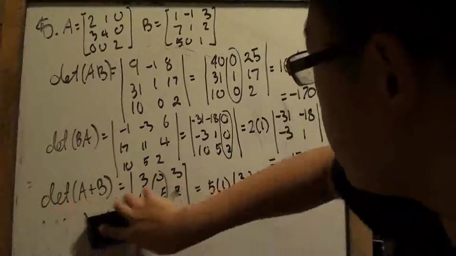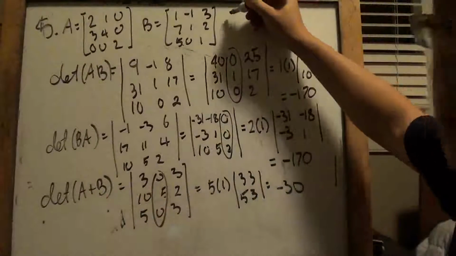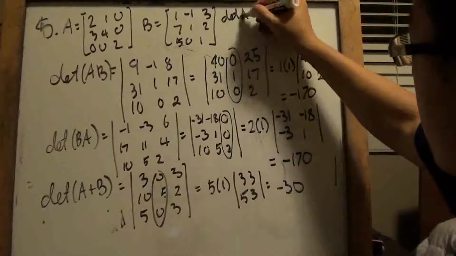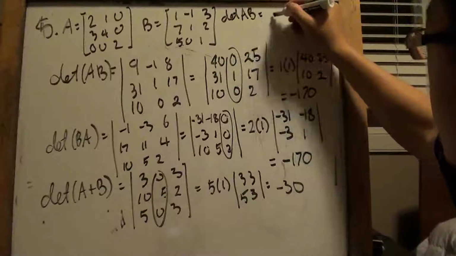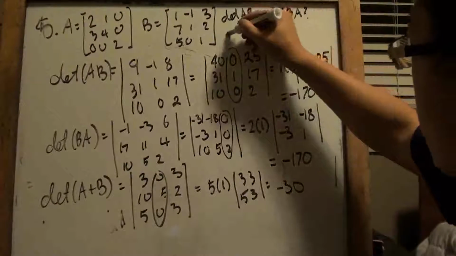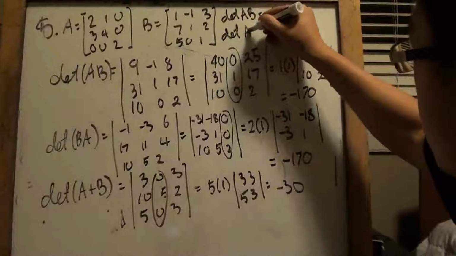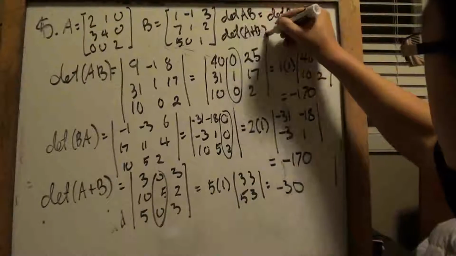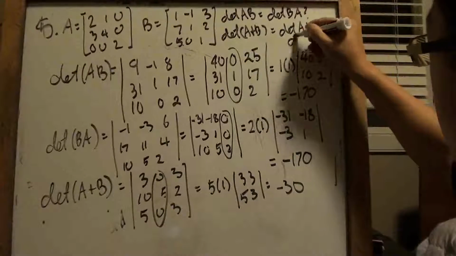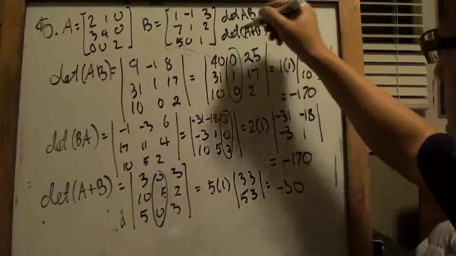Should have written the question earlier. But yeah, actually no, there's a space right there. Okay, so det AB or det BA, and det(A+B) equals det A plus det B.